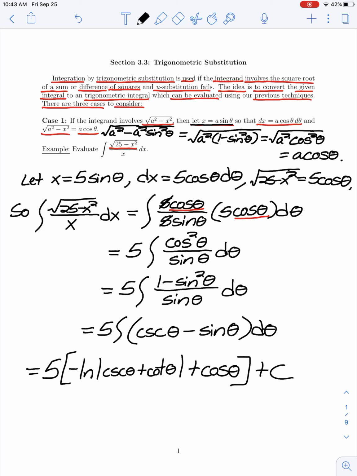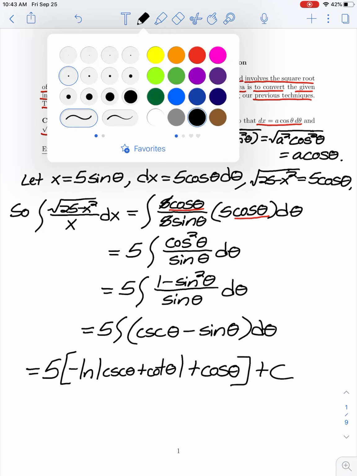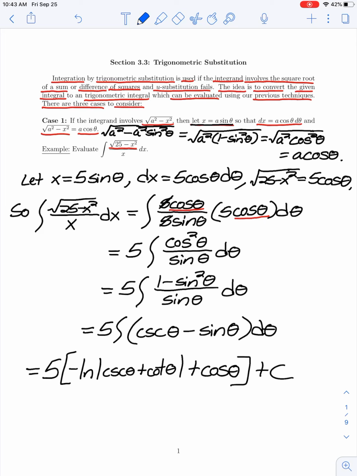So in order to do this, I'm going to make use of a reference triangle here. So let me maybe use a different color. So I want to consider a right triangle, which I'm going to refer to as a reference triangle, that would be formed by this angle measure theta. Now in my substitution, I had x was equal to 5 sine of theta, or equivalently, sine of theta is x divided by 5.